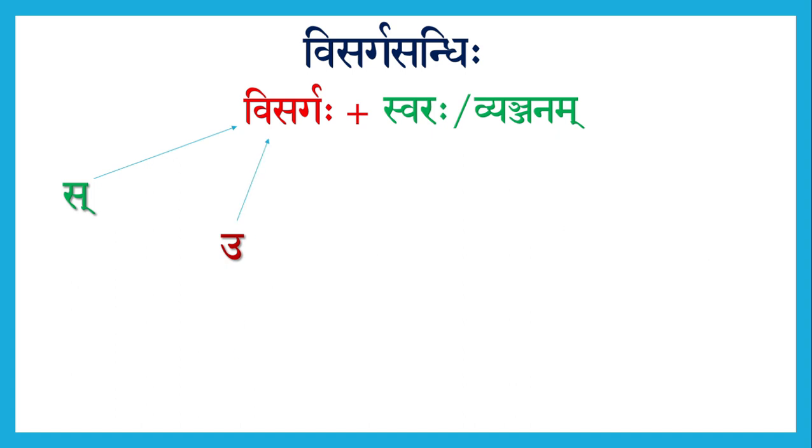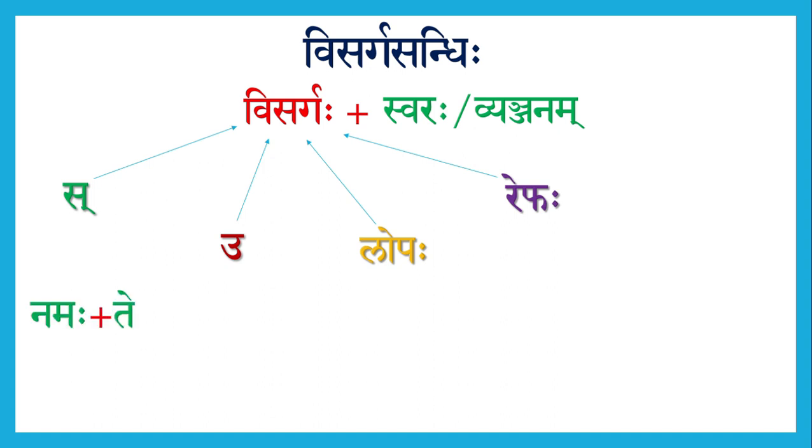Then it is called ukaradeshaha. It may be lopaha, which means that the visarga simply disappears. And the fourth type is rephadeshaha, which means that the visarga is replaced by the letter r. Let us have a look at examples for each one of these.